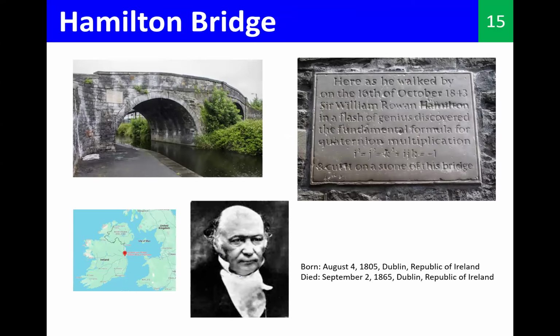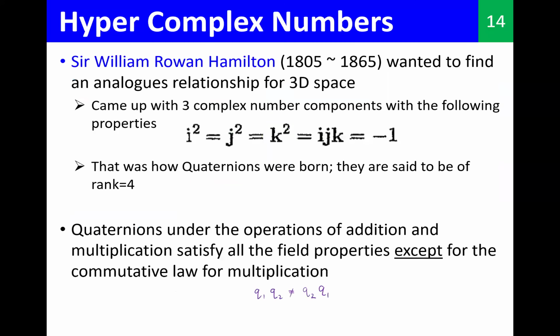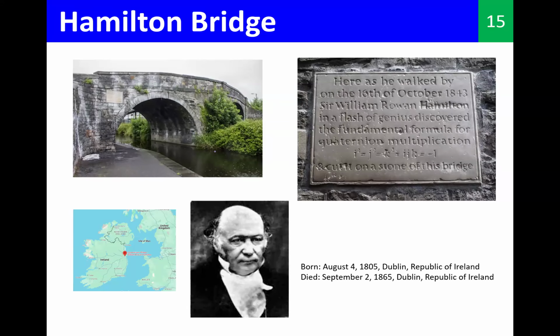Okay, so this is Sir Hamilton. He's from Ireland, and it was said that when he was going home thinking about this particular concept, he came up with these so-called Hamilton special products, and he quickly wrote them somewhere on this particular bridge. So now it's called Hamilton Bridge, and here you can see there is a plaque, right?